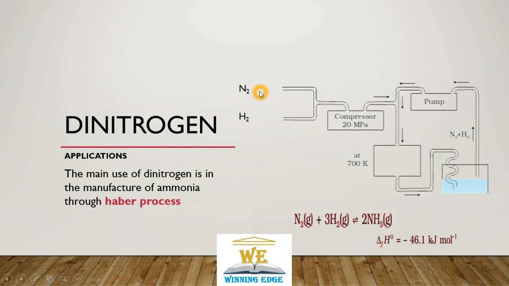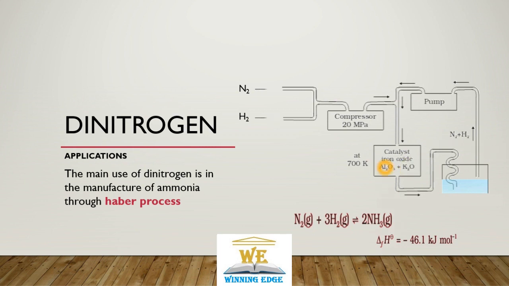First we introduce nitrogen and hydrogen gases to a system. We compress these gases to very high pressures using compressors. These highly compressed gases are then passed through a catalytic chamber containing iron oxide, alumina, and potassium oxide, K2O.